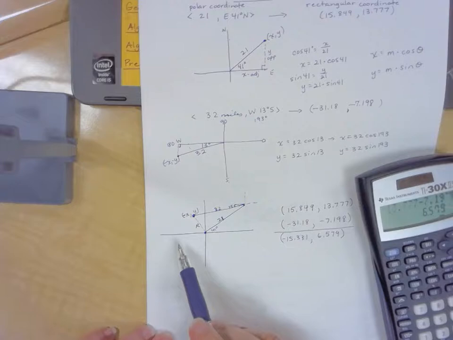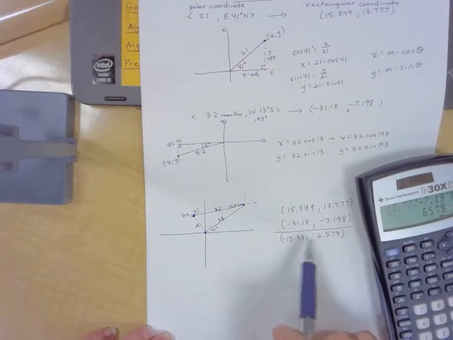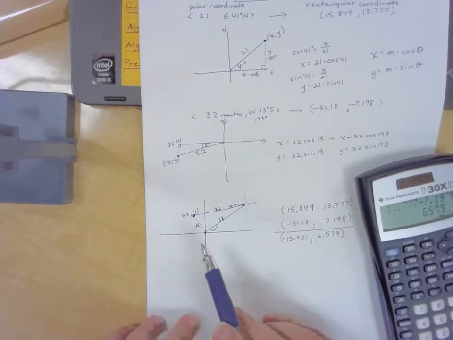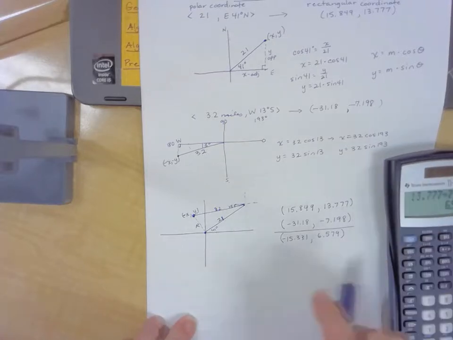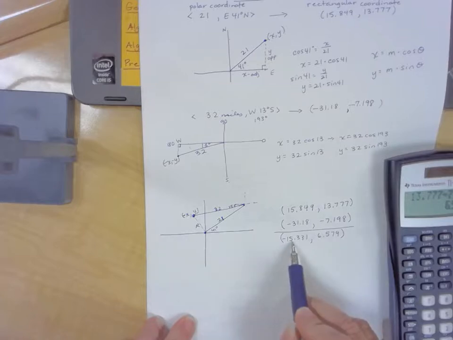Now this is a rough sketch, and so these coordinates are going to be difficult to tell. That doesn't really look like it went back twice as much as it went up. As a matter of fact, my drawing looks like it went up more than it went back. It's a sketch, it's not a scale drawing. What I can tell is it's in the second quadrant. I have a negative x and a positive y.